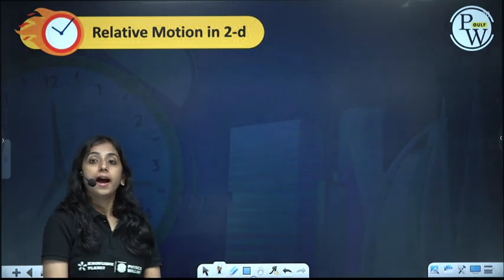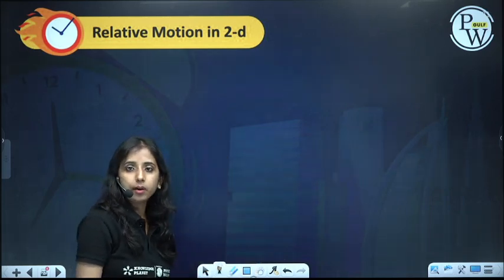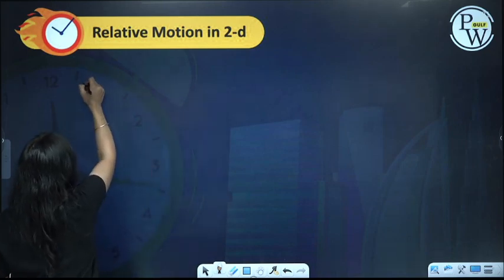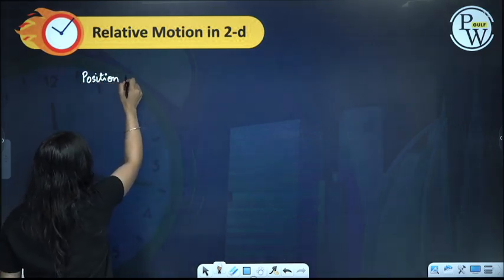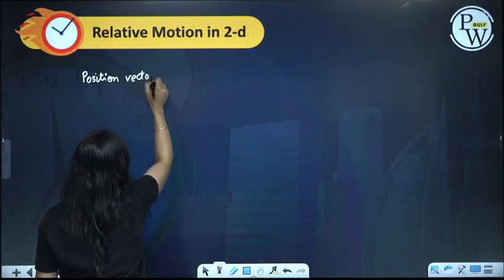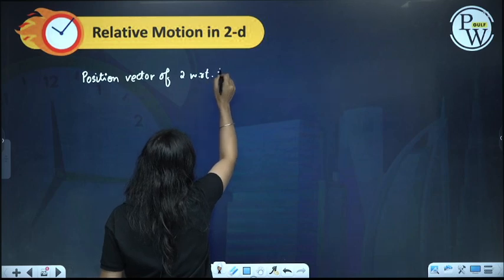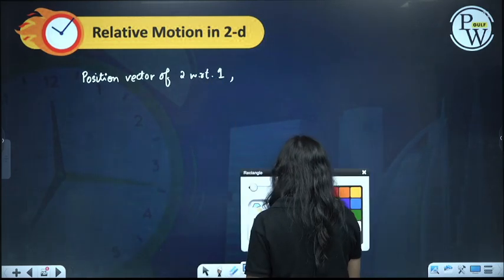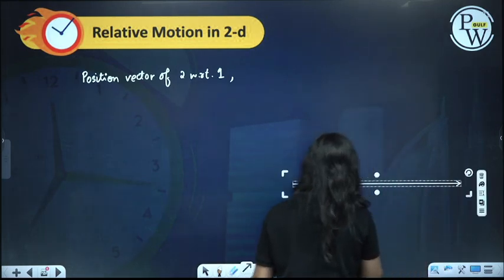and one moving particle is observing the other moving particle. So the position vector of 2 with respect to 1. We have to define the position vector. So now how will that particle see as the observer?